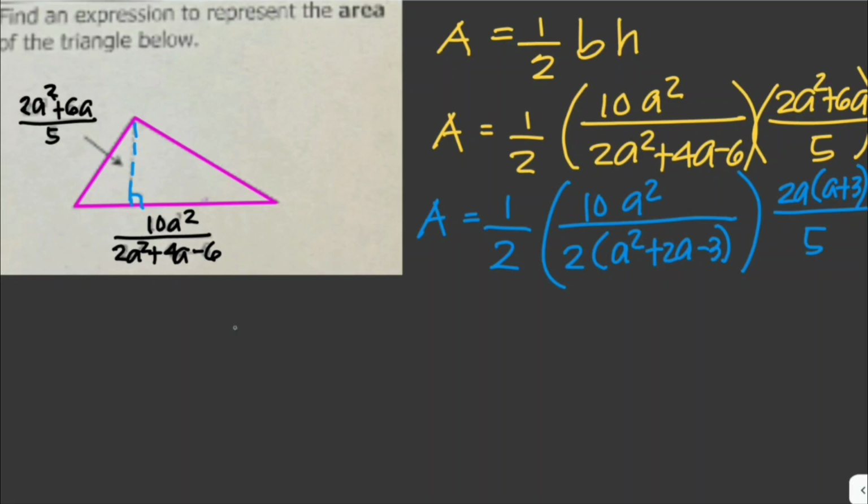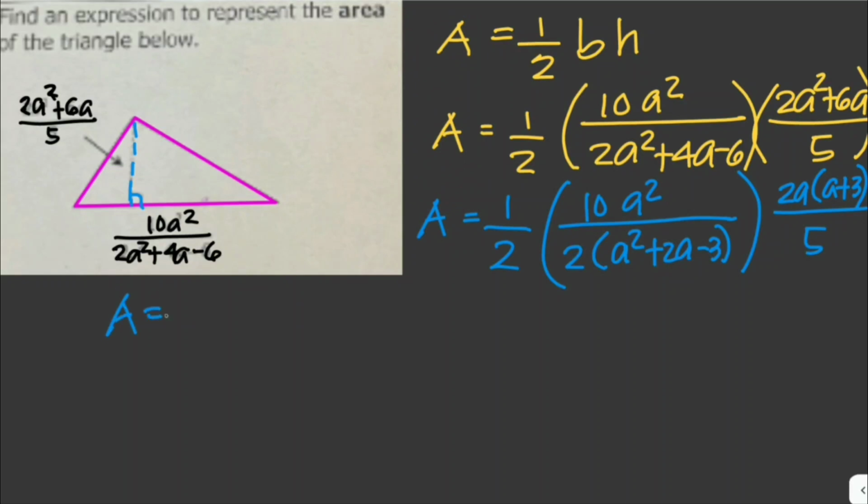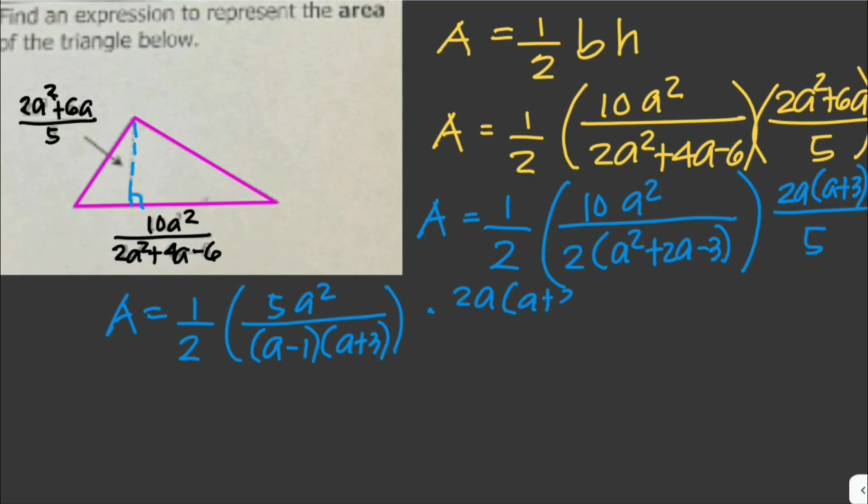And then we can simplify further. Area equals 1/2, and 10 divided by 2 is 5. We have 5a squared. Then we can factor a squared plus 2a minus 3 as a minus 1 times a plus 3, times 2a times a plus 3 over 5.